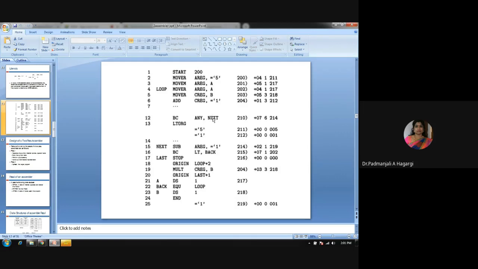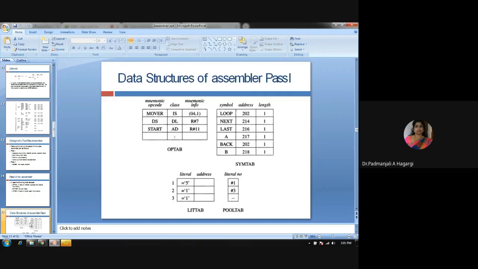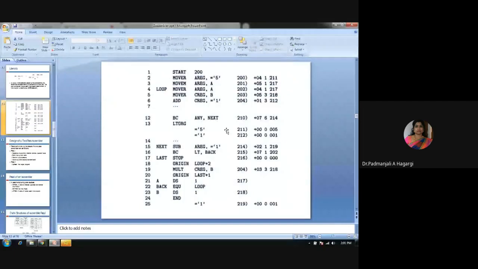Next is a label. Of course it is a label, but it is used as the operand, and it will be pushed into the symbol table. As LOOP was pushed with the address location 202, NEXT is also pushed with the address location 214.